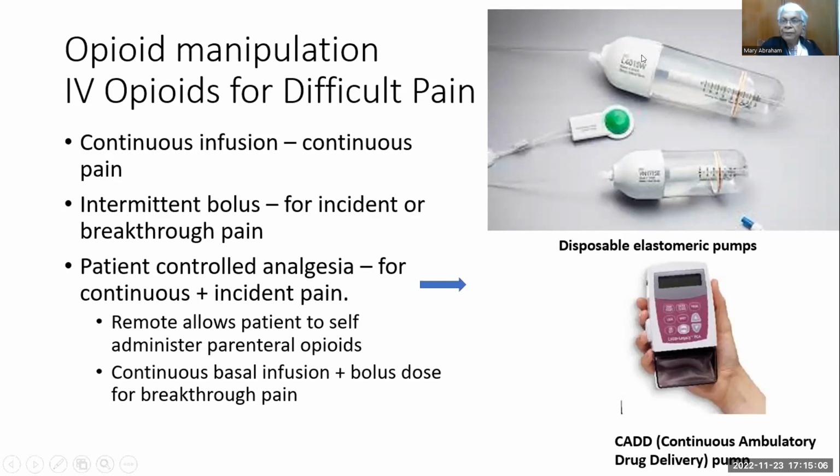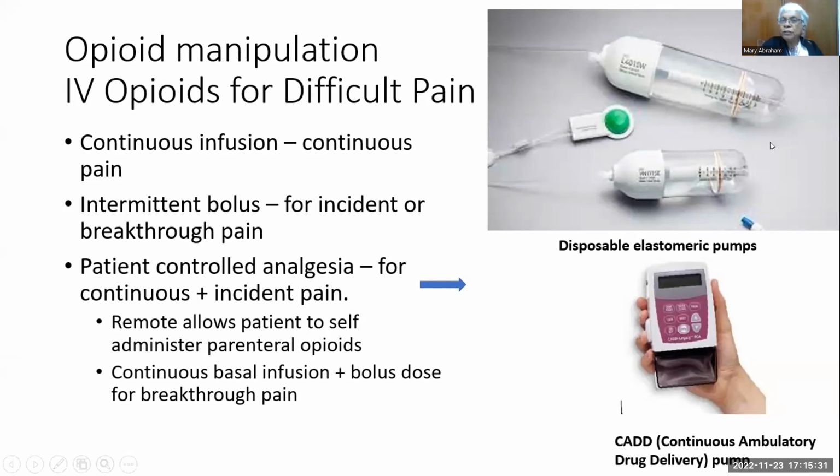There is a pump that is here, and there is also a remote. So the remote will give you the intermittent dose, and the patient can self-administer it herself or himself. So there's basically a continuous basal dose, which you calculate according to the requirement of the patient. And then you calculate the bolus dose, and that is used for treating the breakthrough pain.